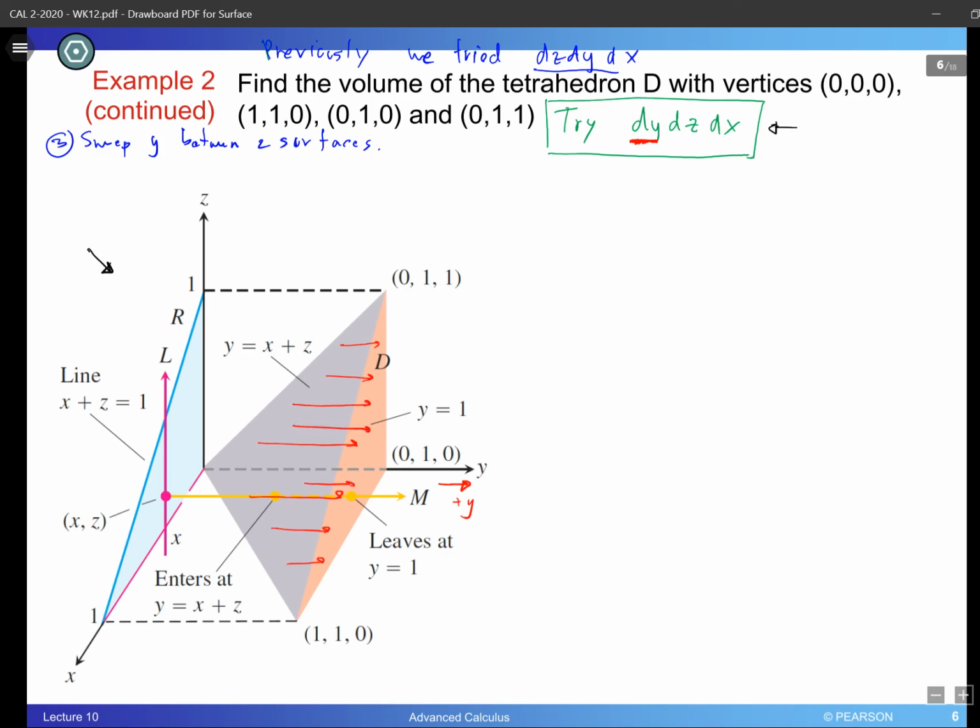So we are supposed to find the left surface and the right surface. And as you can see here, the left surface, the starting point of the sweeping pattern, is going to be on this plane. Starting from this plane, we sweep in y direction, and we end at this plane right here.